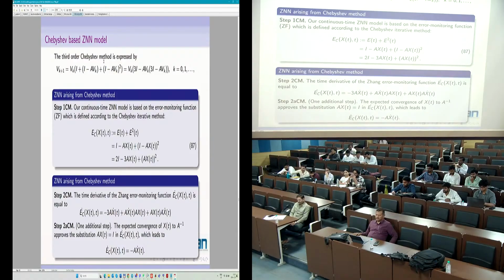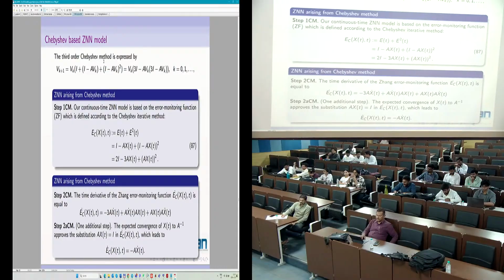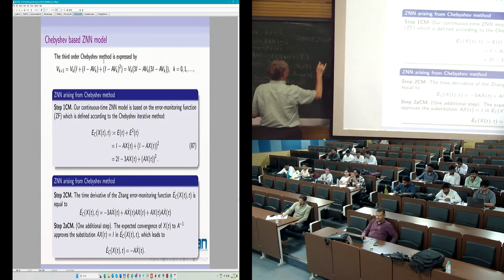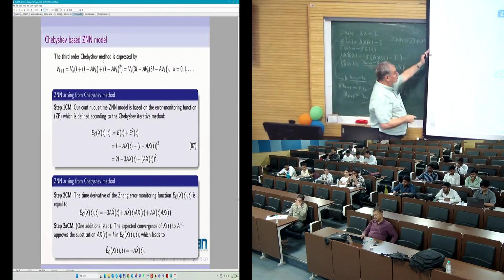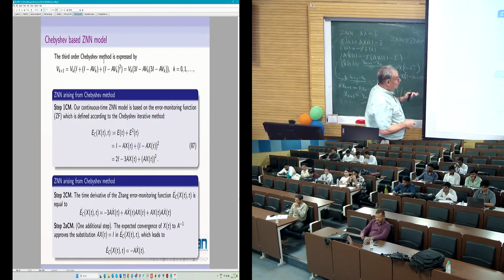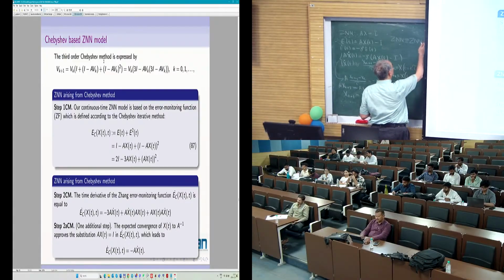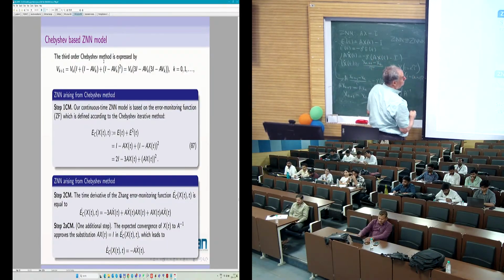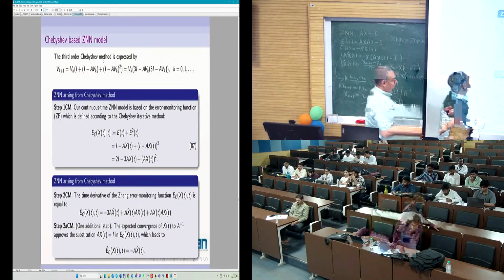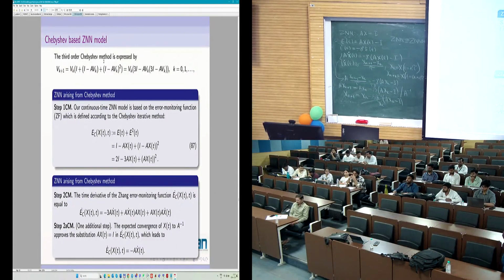Frequently here we denoted it by ZNN-NM, which means ZNN based on the Newton method, I'm not sure now. ZNN Newton method. Chebyshev method, Chebyshev iterative method.